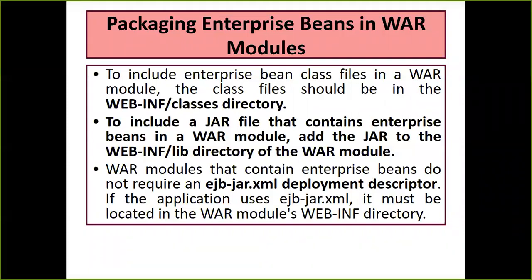This kind of XML file or deployment descriptor is present inside your WEB-INF folder, which can consist of more class directories, JAR files, and XML configuration files. So servlet has web.xml, but in EJB it is ejb-jar.xml, also called the deployment descriptor.